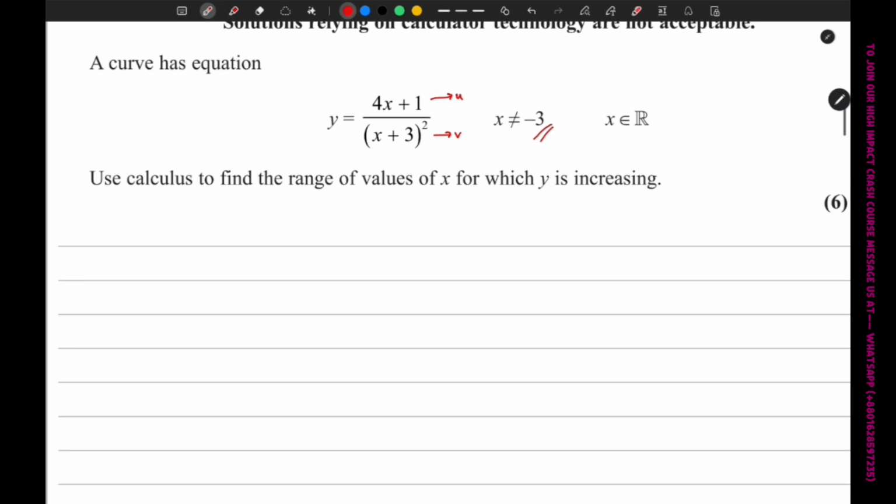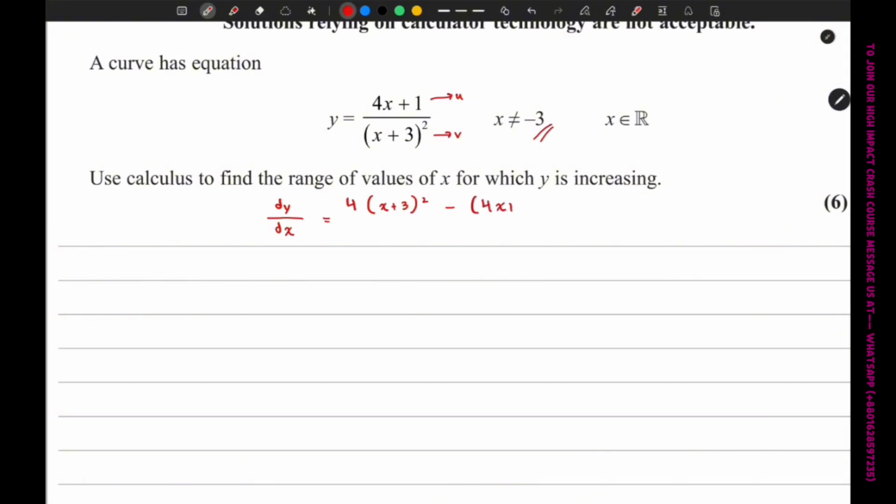So we know that the value of dy over dx will be v du by dx. So it's x plus 3 whole square, du by dx. Differentiating this one will give us 4. So it's 4 times x plus 3 whole squared minus u dv by dx.